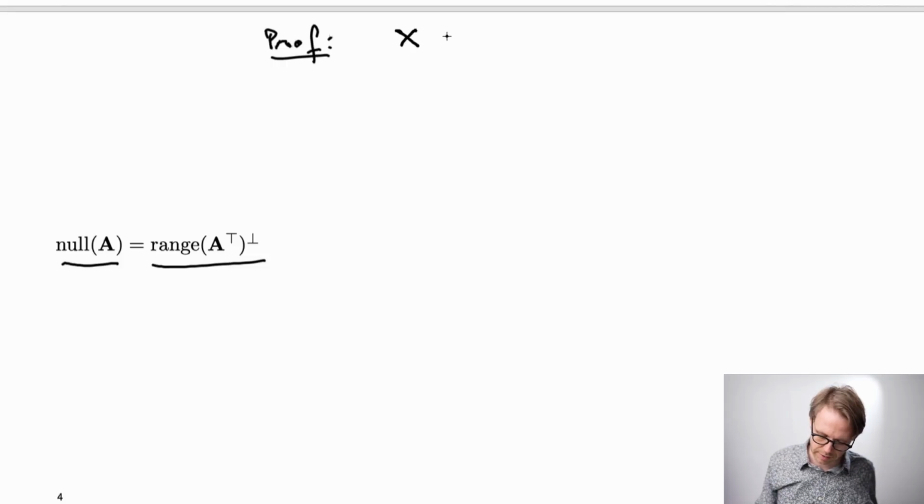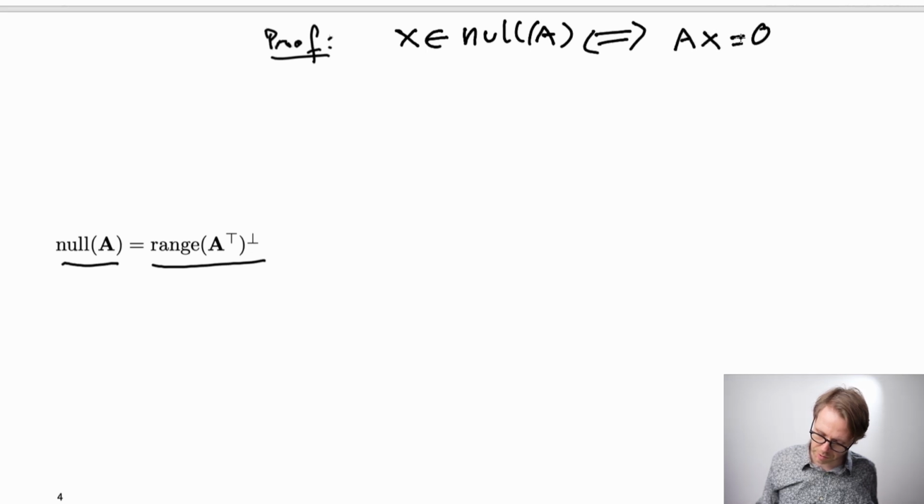So x being an element of the null space of A means exactly the same as, well, that Ax equals 0.